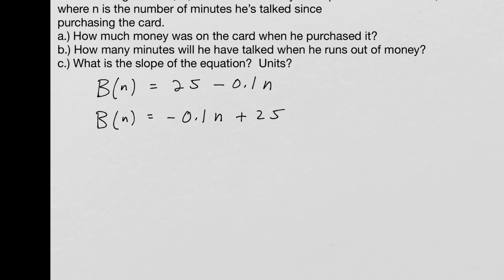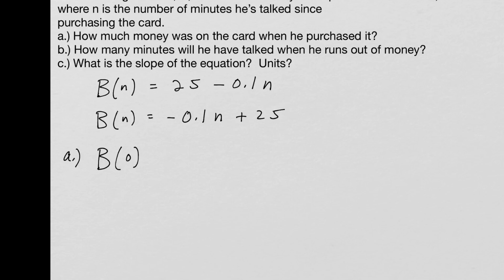So to answer question A, how much money was on the card when he purchased it? Well, that is the starting value, right? So we could just look at that equation and pick out the b, which is our starting value. Or the way to think about this, it's the balance when the number of minutes talked is 0. He hasn't talked any minutes yet.